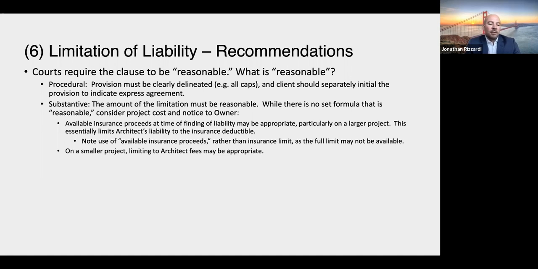So he's got it right there in front of him. Okay, he's got $1 million in insurance, and I'm going to get most of that if there's a big claim. It makes it a little clearer in terms of getting to a reasonable clause.